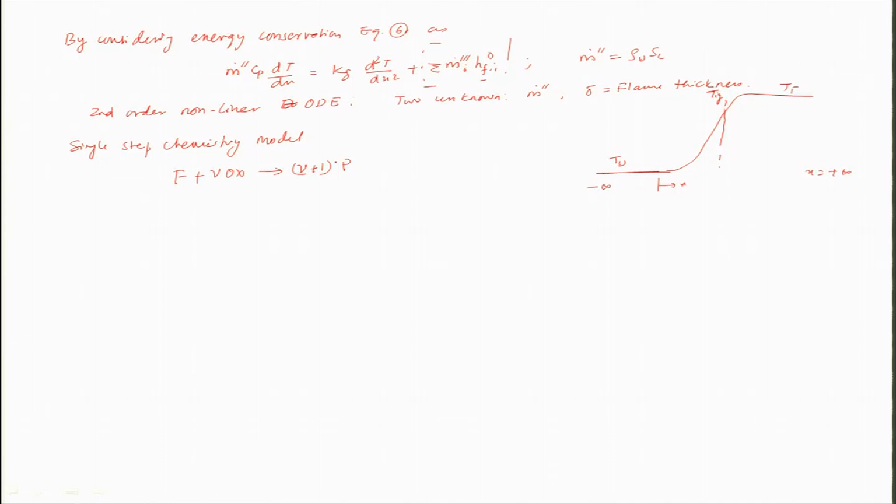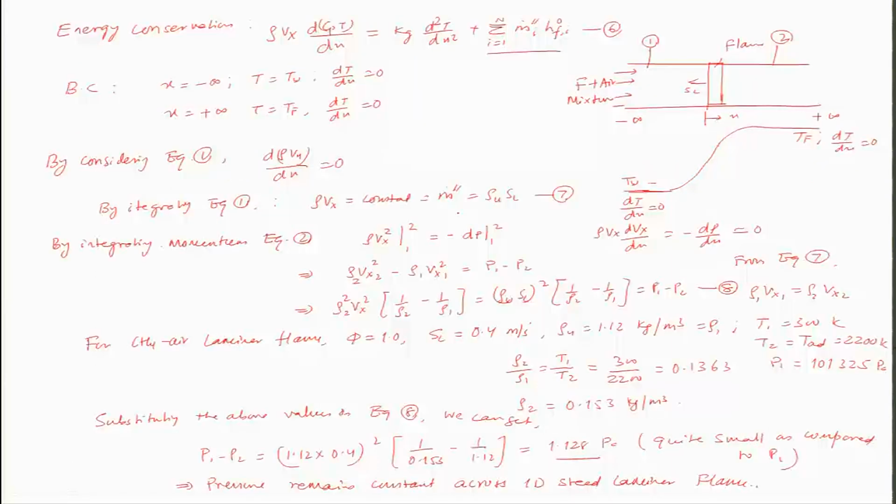And by this law of mass action, we know m dot triple dash F divided by 1 is equal to m dot triple dash oxidizer divided by nu is equal to minus m dot triple dash product divided by nu plus 1. This I can call equation 9.